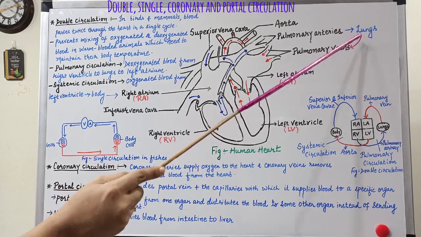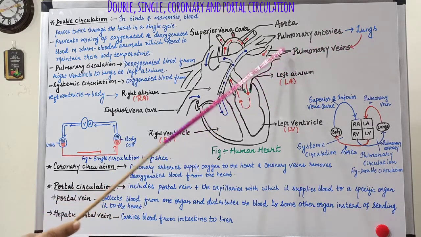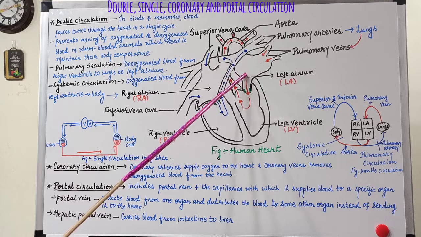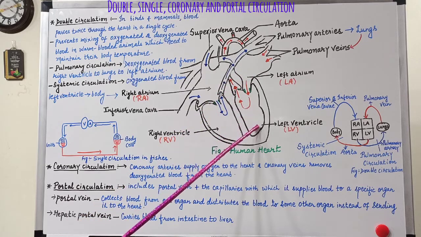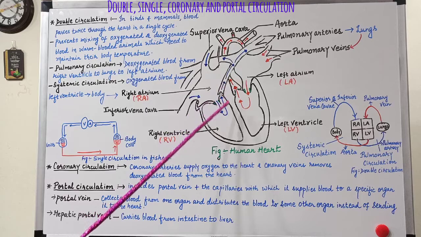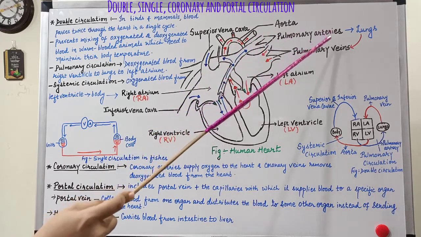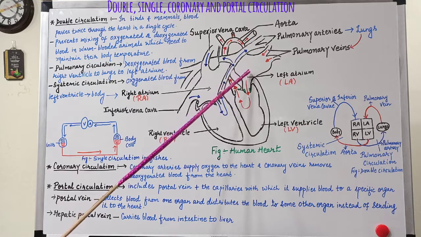In the lungs, this blood gets oxygenated and through the pulmonary veins it comes to the left atrium and is supplied to the left ventricle. So, this pulmonary circulation starts from the right ventricle, passes through the lungs and comes to the left atrium.